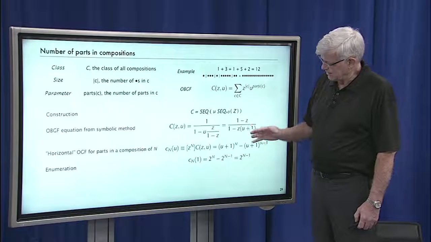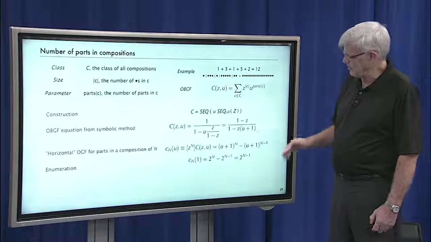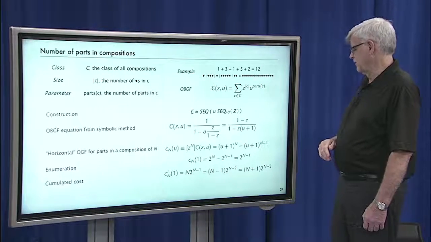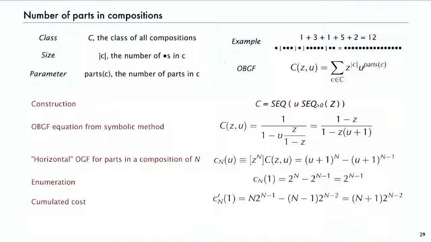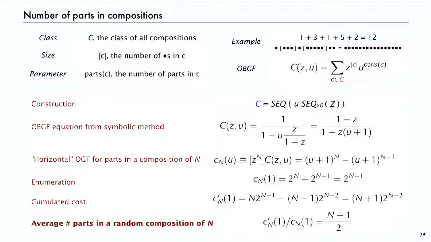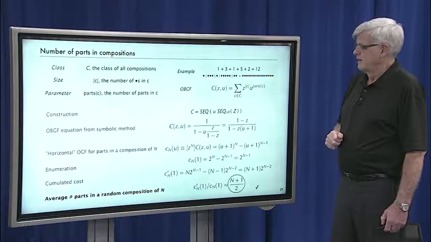The accumulated cost is going to be differentiate and then evaluate at 1, and that's n times 2 to the n minus 1 minus n minus 1 times 2 to the n minus 2, which simplifies to n plus 1 times 2 to the n minus 2. Very simple calculation, and then divide those two, and we get the average number of parts in a random composition of n is n plus 1 over 2. And that's what we observed in the table on the previous slide.